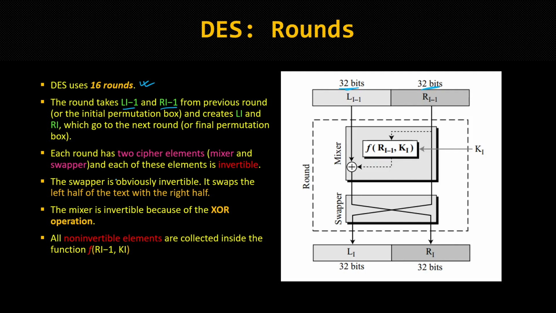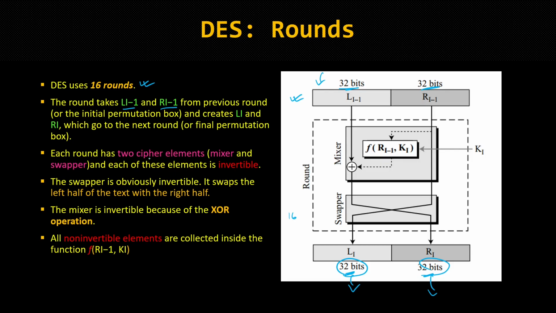They go through the round and produce 32 bits, and this output will also be used in the next round. As there are 16 rounds in total, the first round takes its 32 bits from the initial permutation, and in the last round, the 32 bits will be fed into the final permutation box.